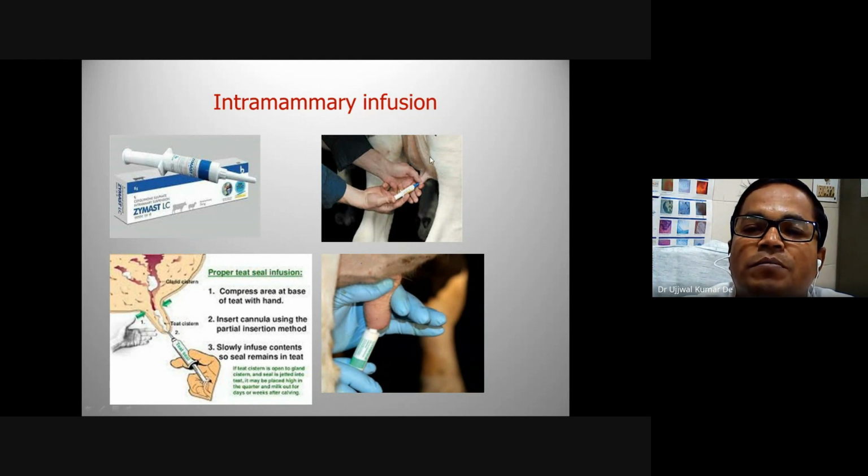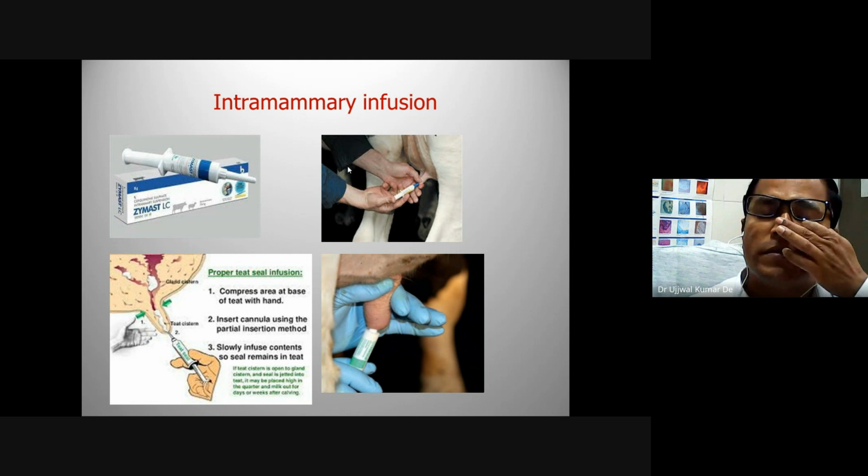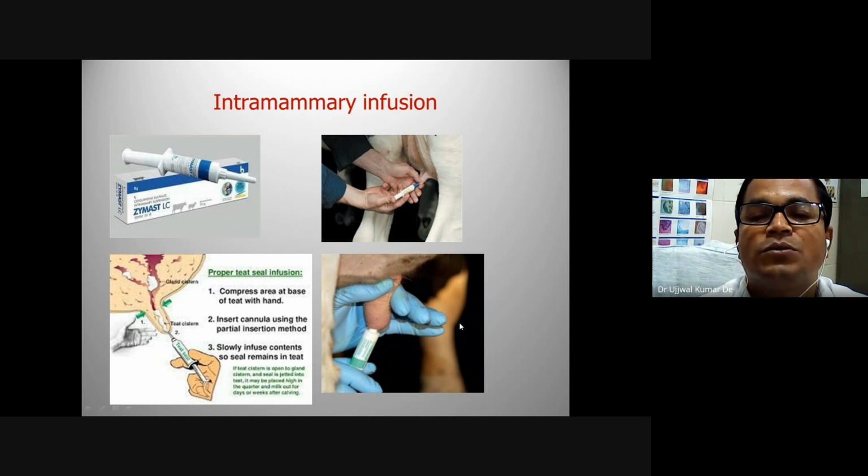After evacuating, then you do the intramammary infusion. If of the 4 quarters 1 quarter is infected and 3 are healthy, the principle is to infuse the 3 healthy quarters first, clean the milk properly, and at the end of the milking go for the infected quarter. Otherwise, if you infuse the infected quarter first, the healthy ones will get infected, as mastitis is contagious.